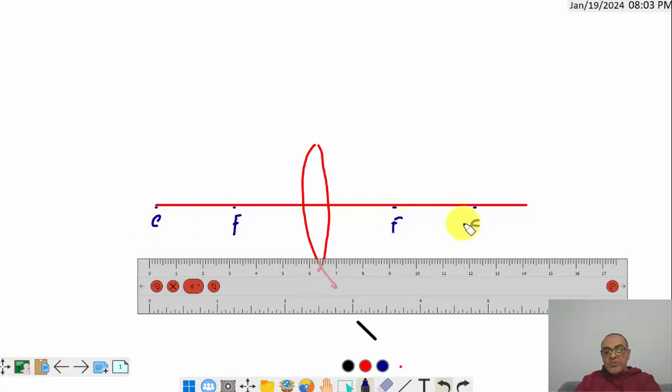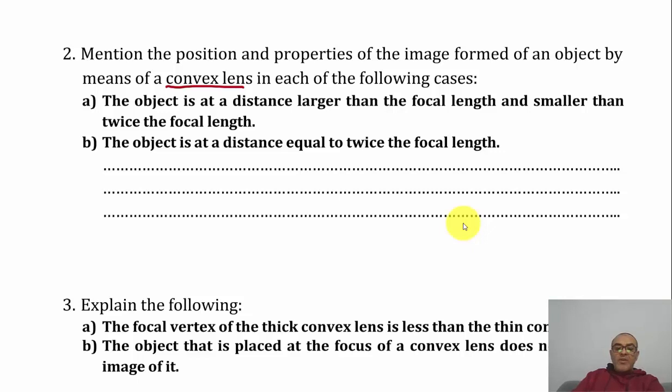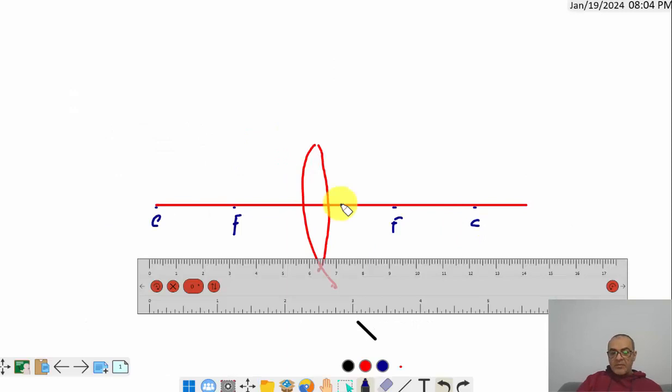Now to the question. The object at a distance larger than the focal length and smaller than the double focal length means the body is here. And this is the first ray, parallel to the principal axis. It refracts passing through the focus like this.